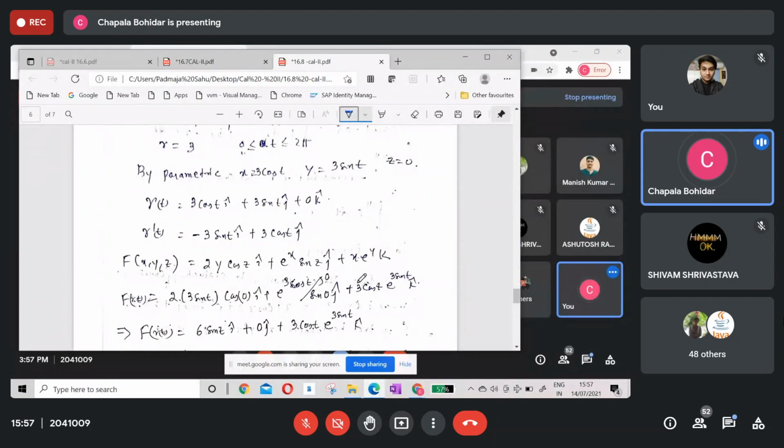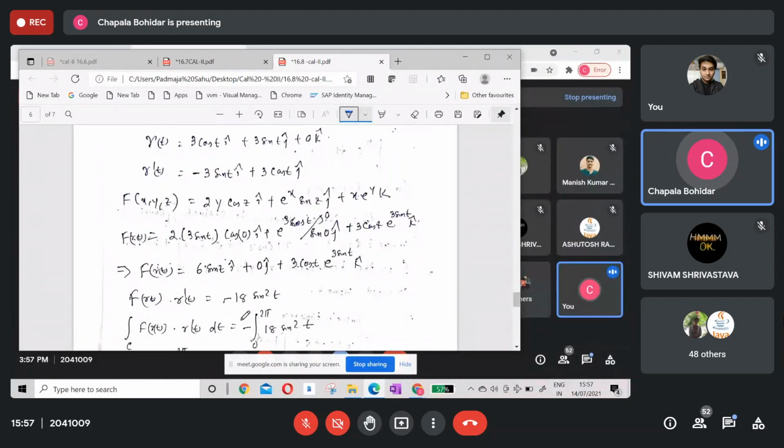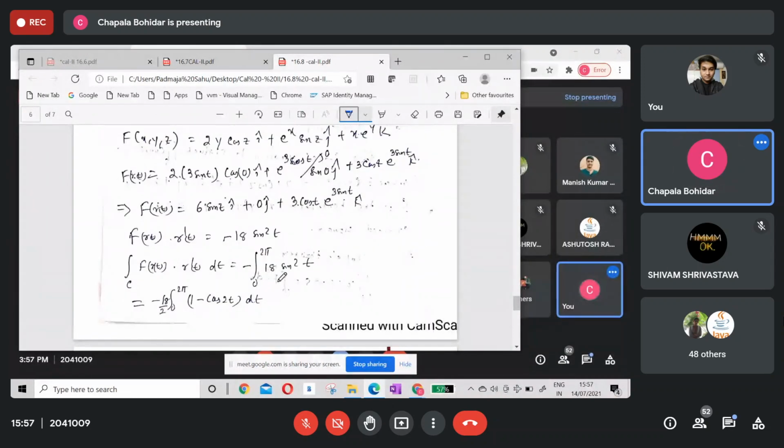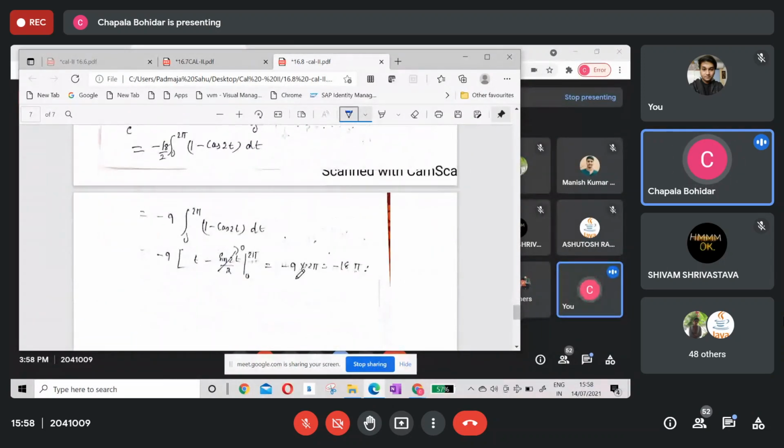We put all these values to get F(r(t)). Then F(r(t)) dot r dash t is equal to this one. Then we integrate this, and I get the value here, minus 18.